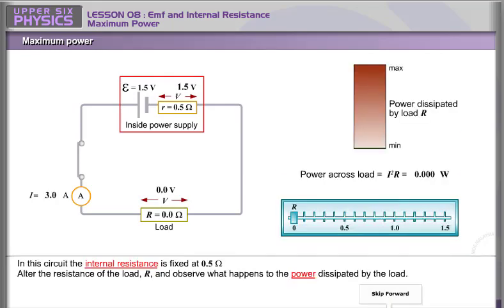So this is another circuit. In this circuit, the internal resistance is fixed at 0.5, right?